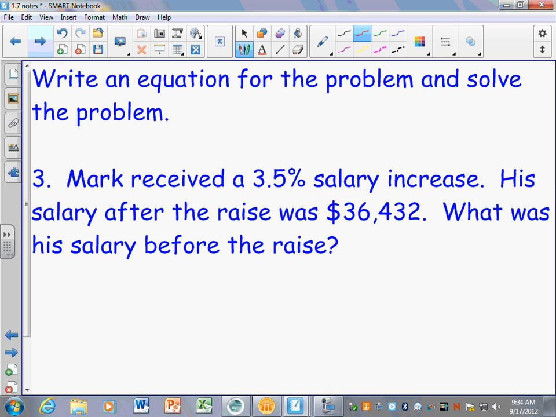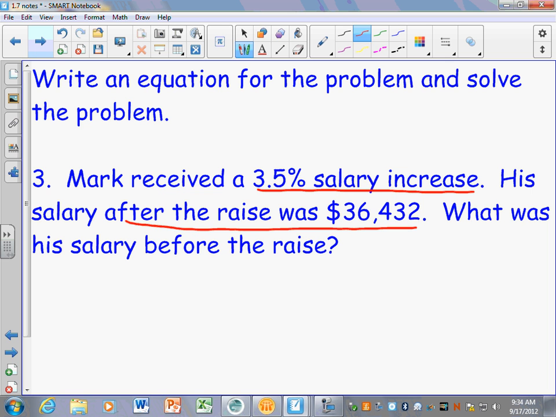And again, you probably don't need all these words in here. 3.5% salary increase. After the raise, he made $36,432. So you could shorten that up. After raise equals $36,432.